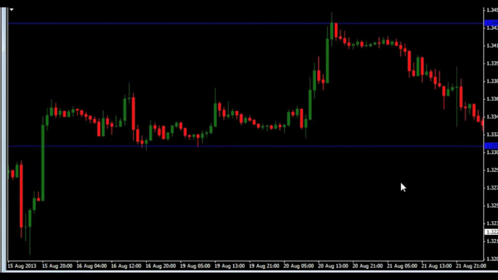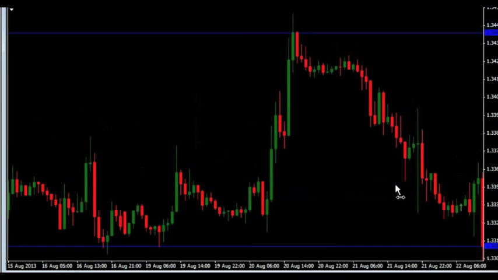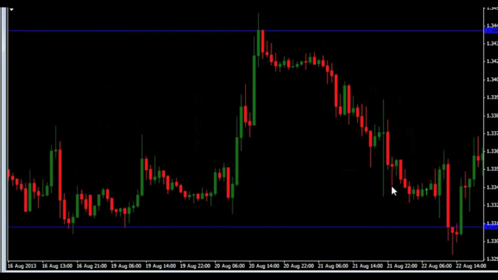If we move the chart a little bit forward, we see that the market again comes down and tries to push through the support level, but fails to do so and actually bounces back. Okay, so the market tries to come through here. The market also came down, bounced back and went up, and then again the market comes to this level and then tries to bounce back up.